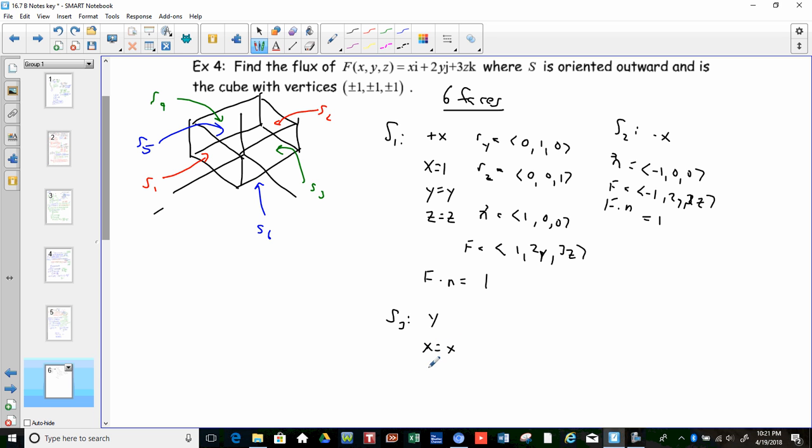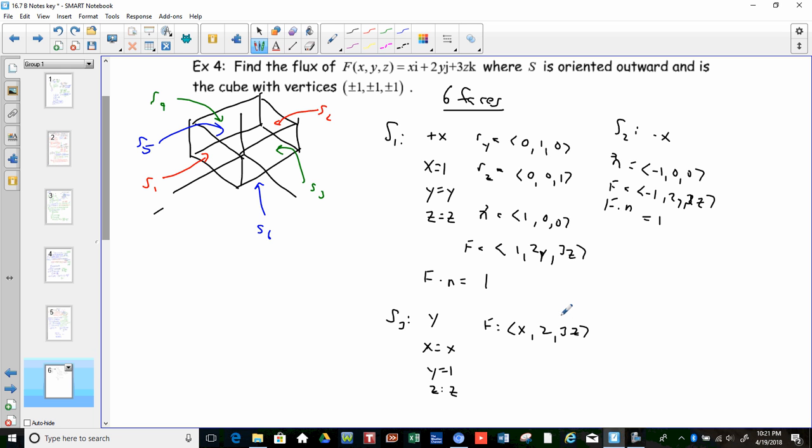Again, trivial parameterization. Y is always 1. And z is z. So if I do my function, the function is going to be x from up here, 2y, so that's really a 2, because 2 times 1 is 2, and then 3z.